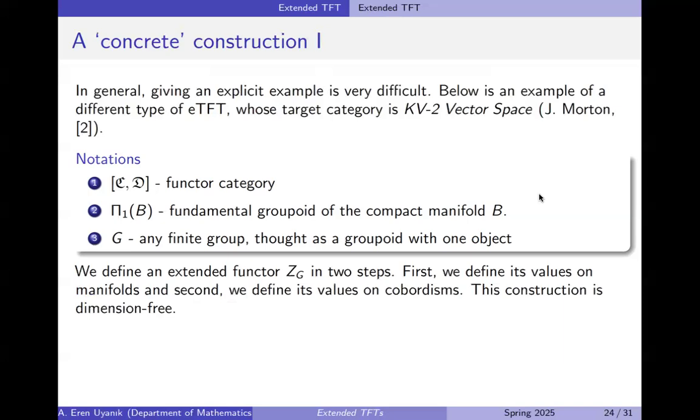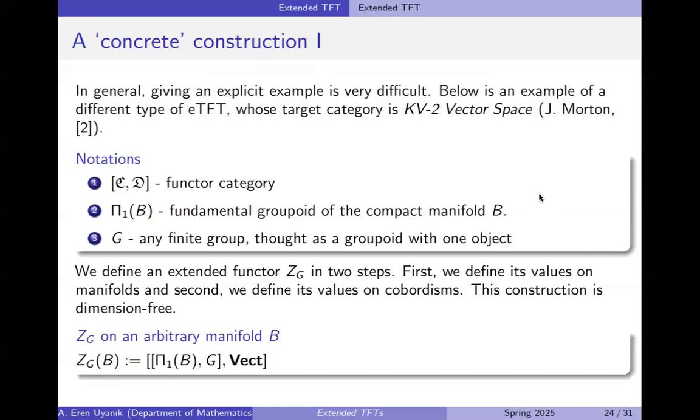We will define an extended TFT, Z_G, which depends on G. So by this recipe, you can get infinitely many ETFTs. First, we define it on the values of manifolds without boundary, and then we will define it on cobordisms. And we will not use any dimension, so you can apply this recipe in any dimension.